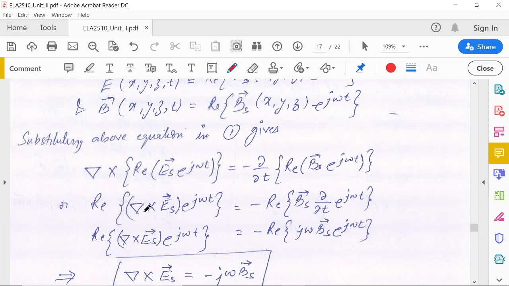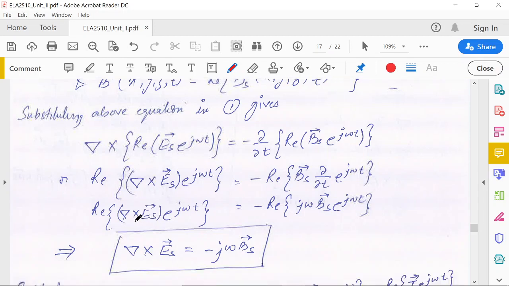Now this is a function of spatial coordinates, so taking the curl of this factor is the same as taking the curl of E_s, because e to the j omega t is constant with respect to del. So you have del cross E_s times e to the j omega t, and on the other side it becomes simply B_s, which is a function of space.